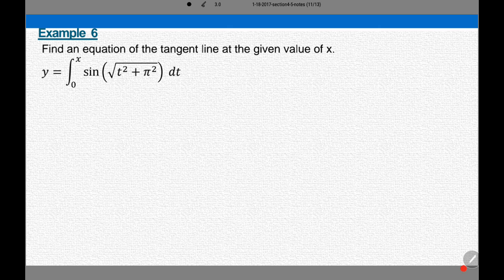Here's my last example. We are asked to find an equation for a tangent line at the given value of x. What you need to know here is that f prime of x is the slope of the tangent line.